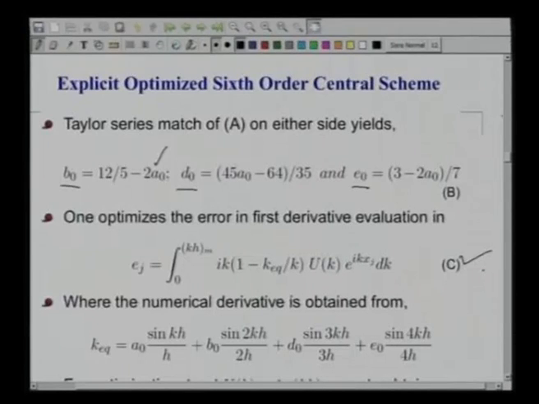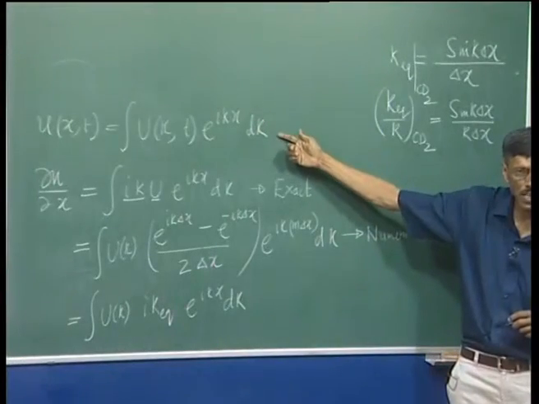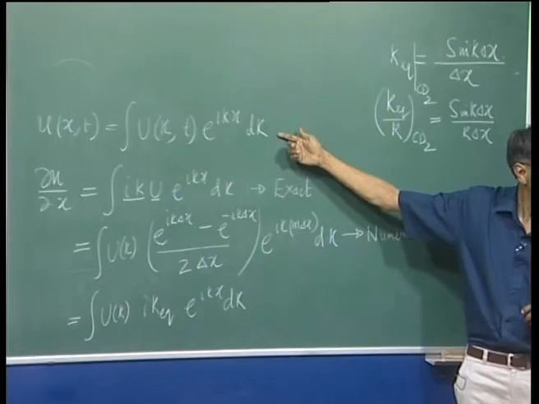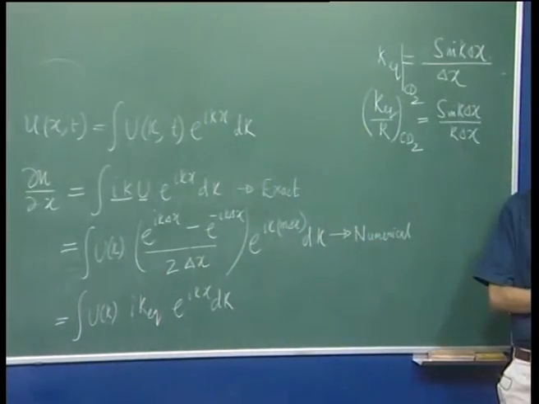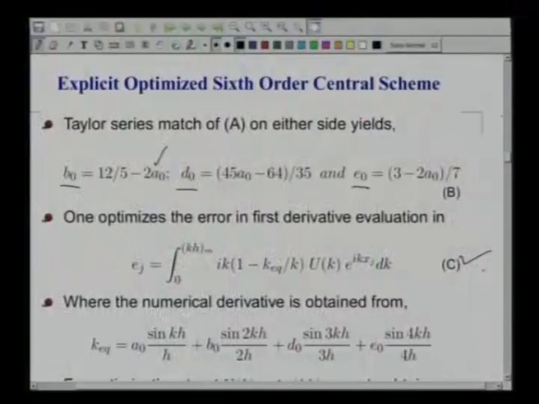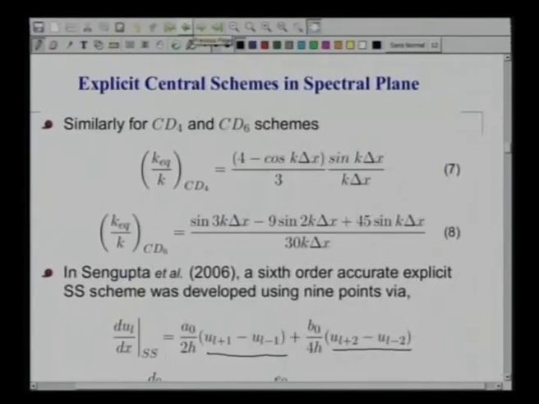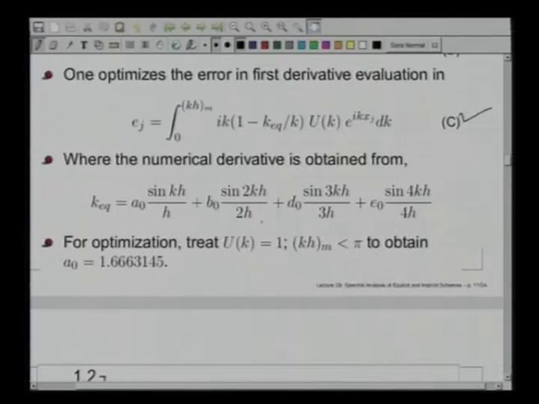Now, we have the expression here, and we can use that in the expression for the derivative that we have written in the previous slide, which we can see here in this equation.